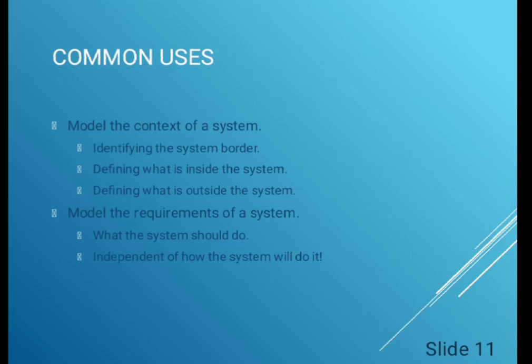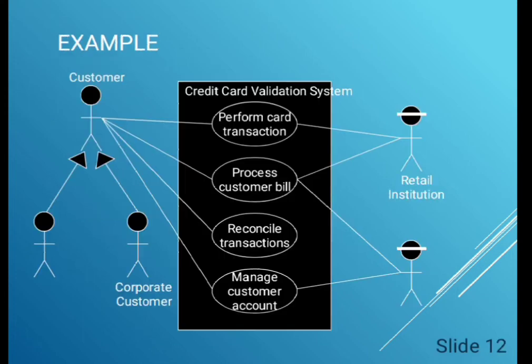Common uses of use cases are identifying the system border, defining what is inside the system and outside the system, and modeling the requirements of a system, that is, what the system should do and how the system will work.